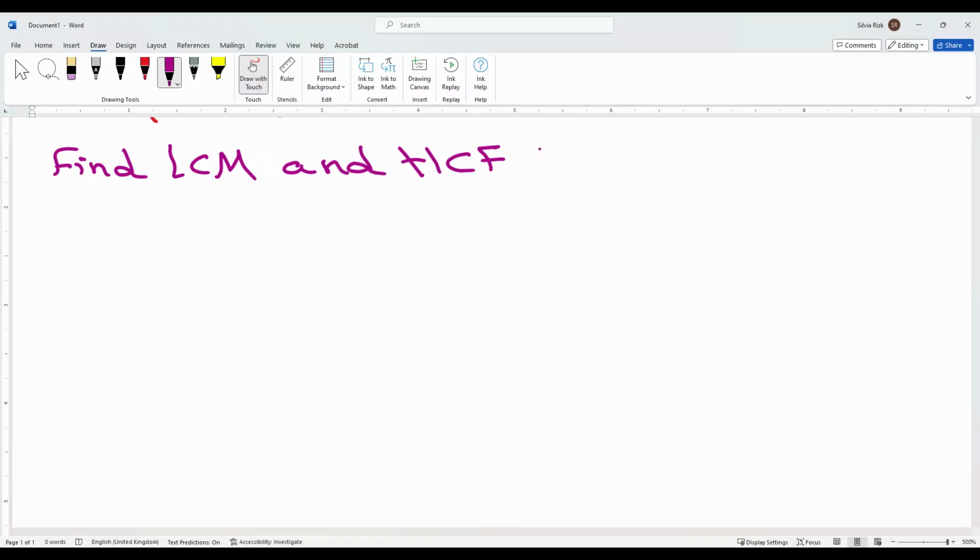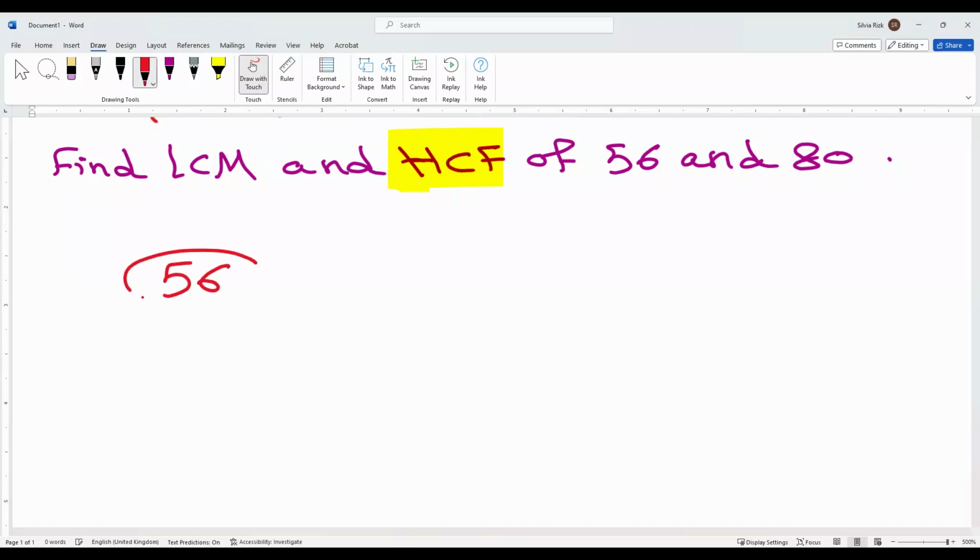Okay, 56 and 80 as an example. There are several ways to do it. Of course, the highest common factor is the easiest because you can do, okay, you know what? I'll draw the crazy circles. I'll put 56 in a circle. I'll put 80 in a circle. And let's start to work.